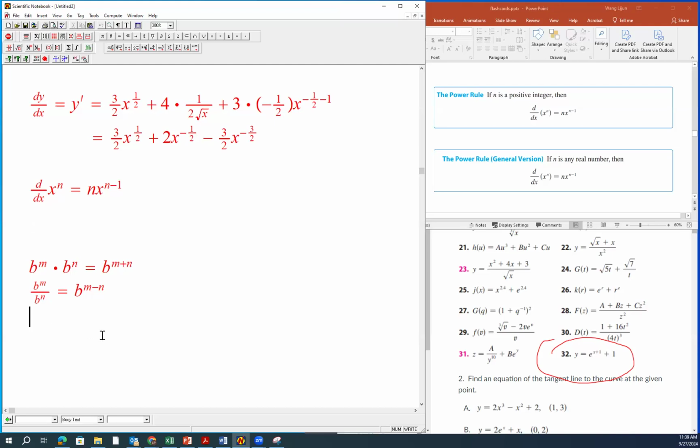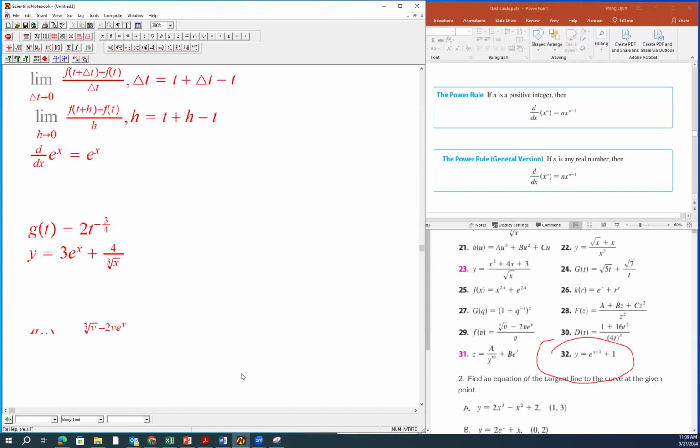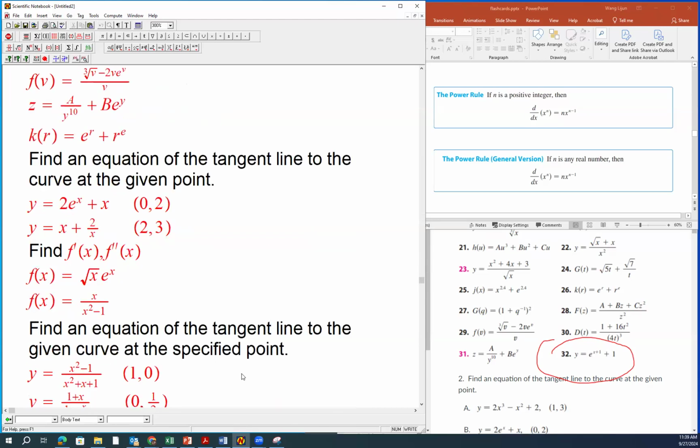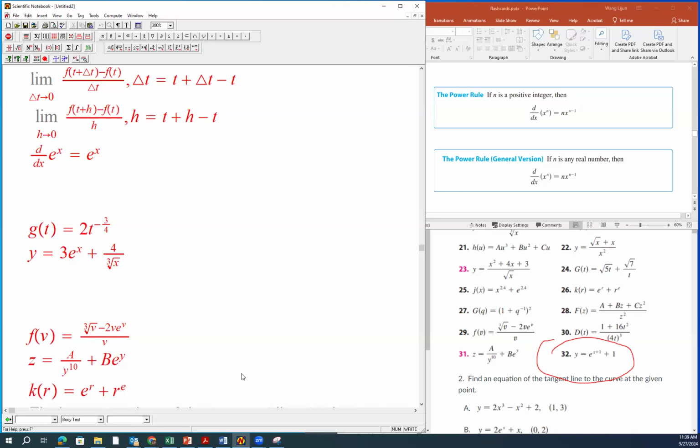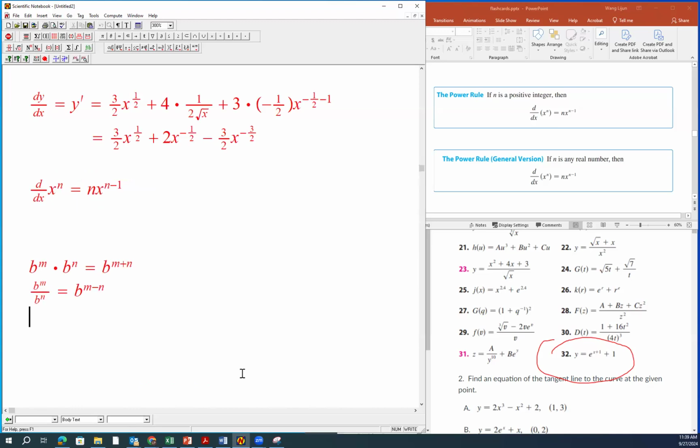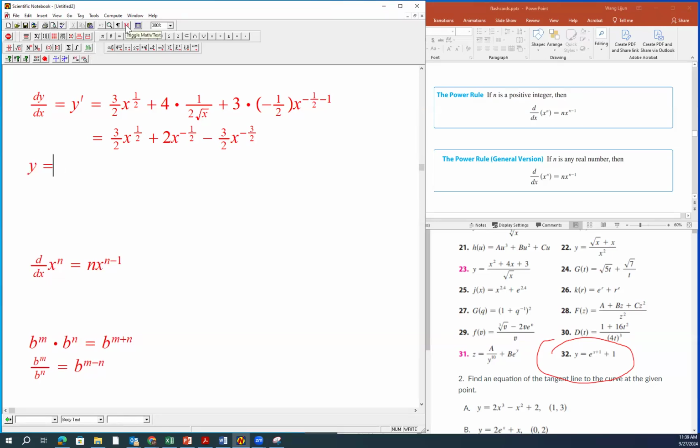How do we differentiate? So y equals to, did I copy that question? Oh, I did not. Okay. So the next question is 32. So y equals to e to the power of x plus 1. Okay, derivative.